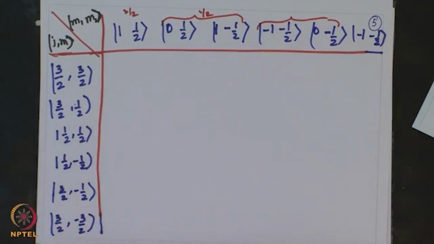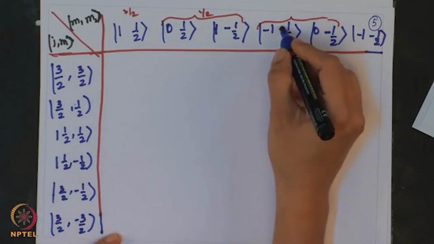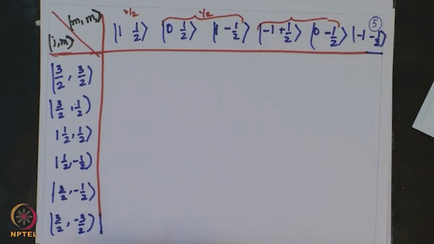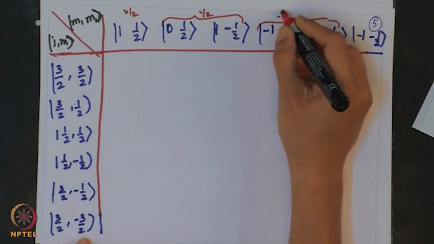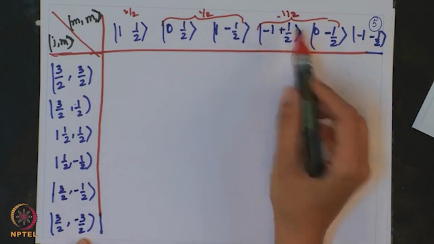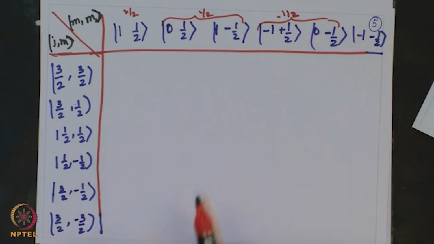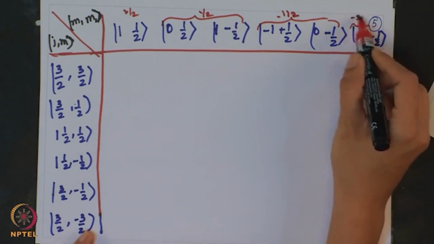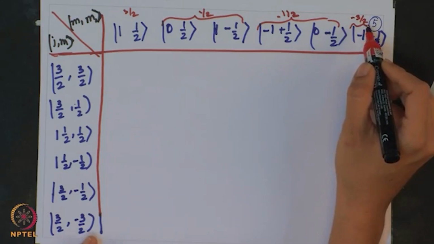I have a plus here because otherwise I will not get a minus half; these are repeated. So, this will give me minus half because minus 1 plus half gives minus half, this will also be minus half, and the last one is the lowermost state, which is minus 3 by 2.